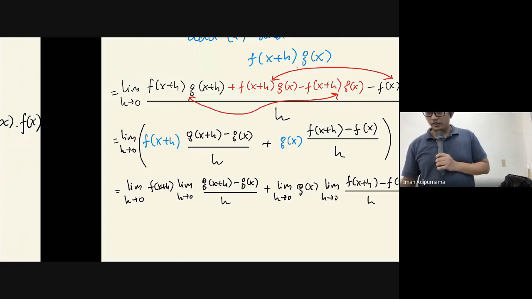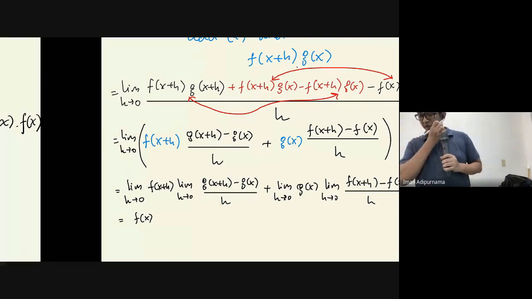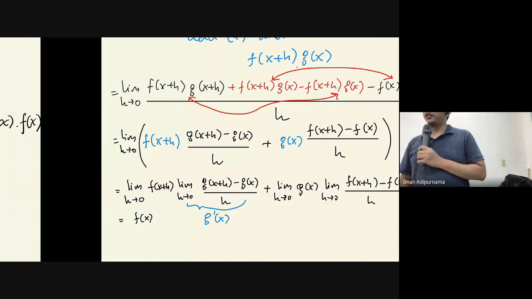The first one becomes f of x, right? And the second one, when you plug in 0 here and here, remember that all of this is the derivative of g itself, right?